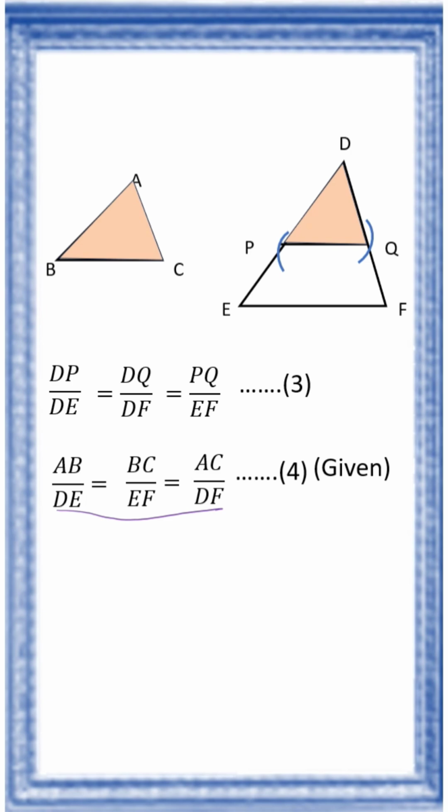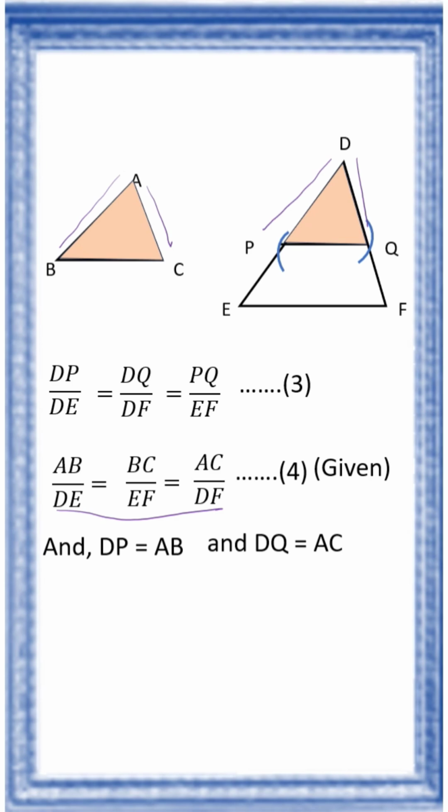But observe that we have constructed dP which is equal to AB, dQ which is equal to AC. By construction it is true. So now I can replace this AB by dP and this AC by dQ in the next step.